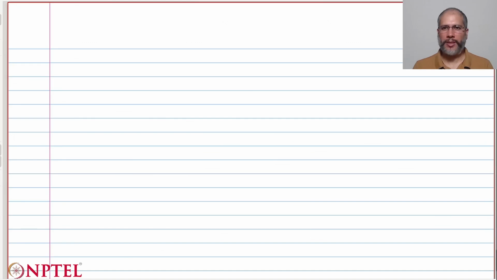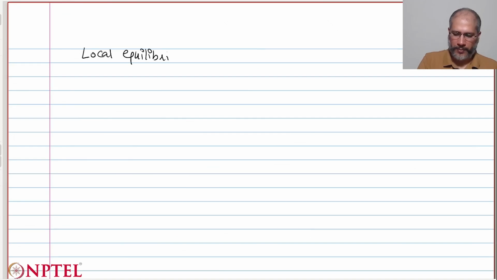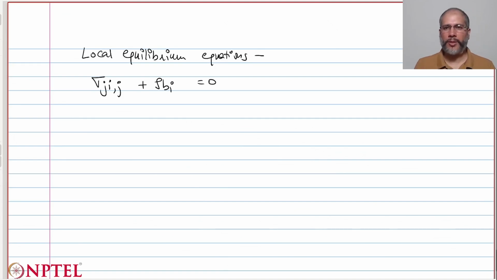So now let us summarize what we have seen in the lecture. So we wrote the local equilibrium equations as sigma ji comma j plus rho bi equal to 0, which came from the force equilibrium. But from the moment equilibrium, we showed that sigma is symmetric.